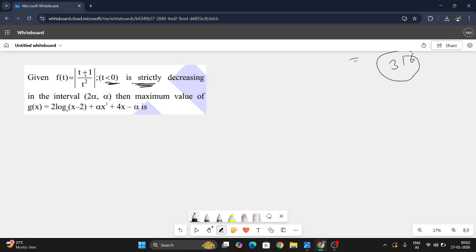When you put t as 0, something by 0 is infinity, and at minus 1 this is going to be 0. So let's define it like this: t belongs to less than 0, greater than minus 1, and the other case is that t is less than minus 1.